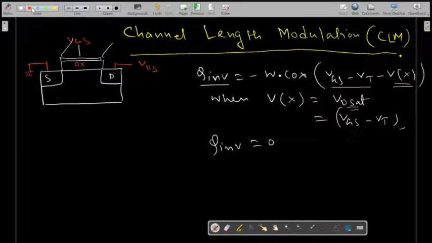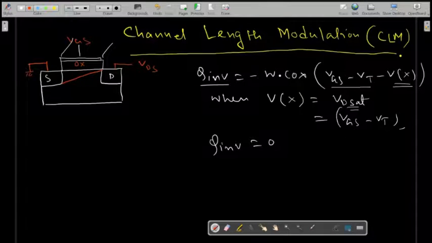So Q inversion 0 means at the drain end, there is no inversion layer. So the shape of the inversion layer will be like this. At the source end it is maximum, because at the source end V of X equals 0. So at the source end the maximum inversion charge is present.